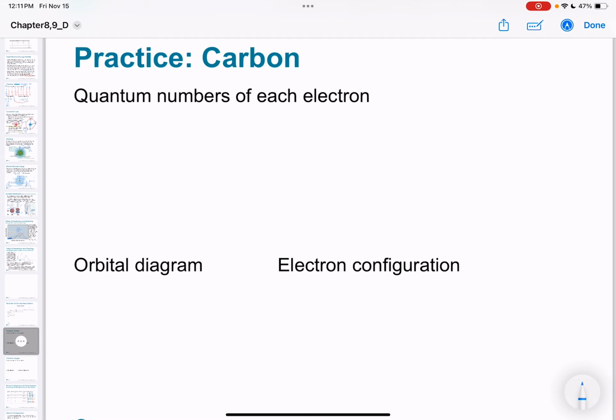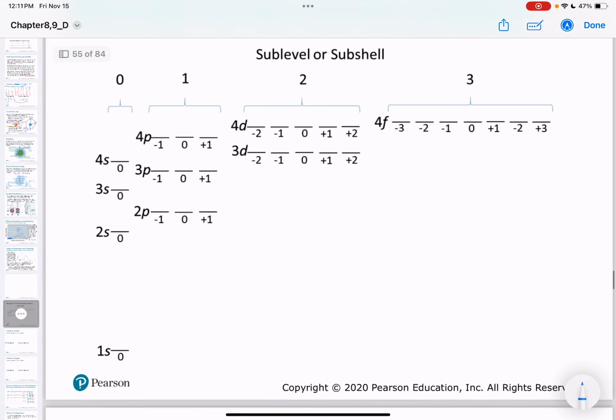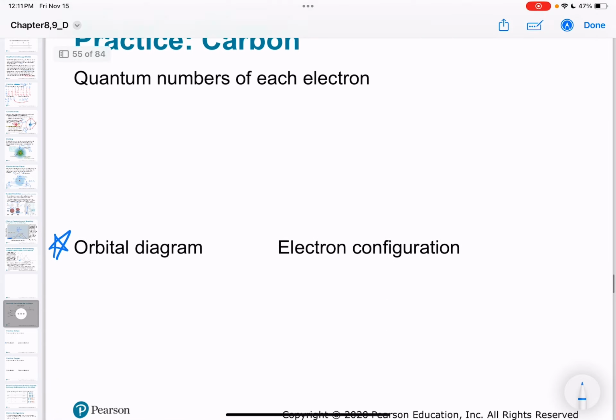The way I would do them is to start with the orbital diagram. So use this as a guide to starting the orbital diagram if you need it.